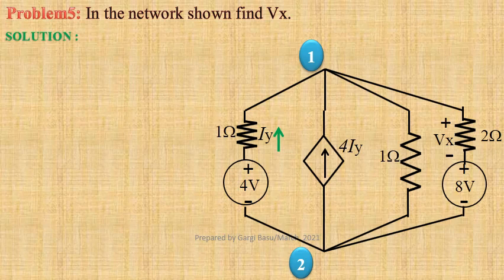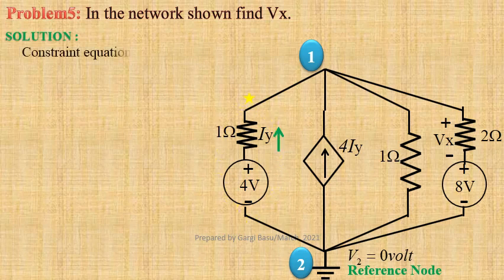Let us select the second node as reference node. Therefore, V2 equals 0. From the leftmost branch, we get our constraint equation Iy equals (4 minus V1) divided by 1. That gives us 4 minus V1.